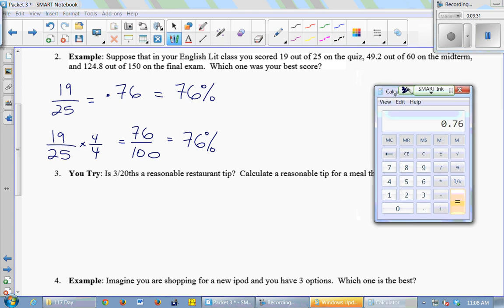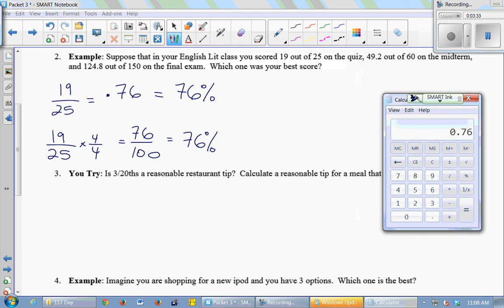Okay, so if I want to convert 49.2 out of 60, divide, and that's an 82. 49.2 out of 60 is 0.82, which is 82%.